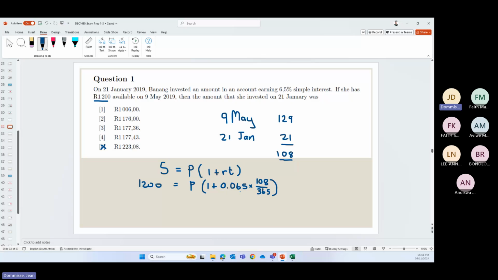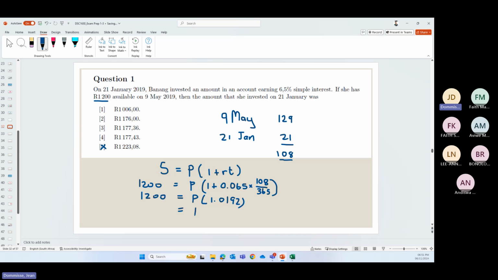I will need to multiply that by the interest rate of 0.065. That answer I will need to add 1, so I get P times 1.0192 is equal to, sorry, 1,200.